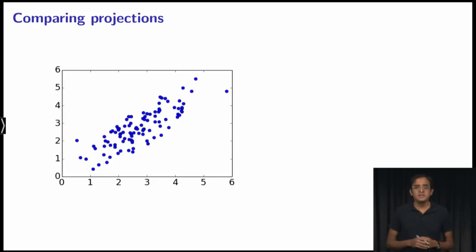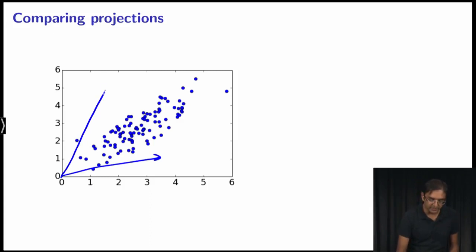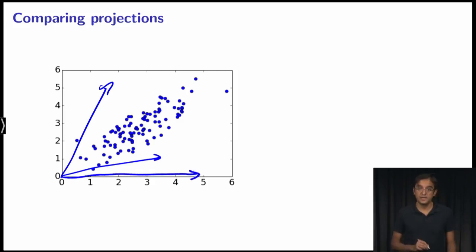Once we move away from just looking at coordinates, there are infinitely many directions we can project onto. We can project onto this direction, we can project onto this direction, and so on. So let's look at some of these. Suppose we project onto this direction, the x1 direction.